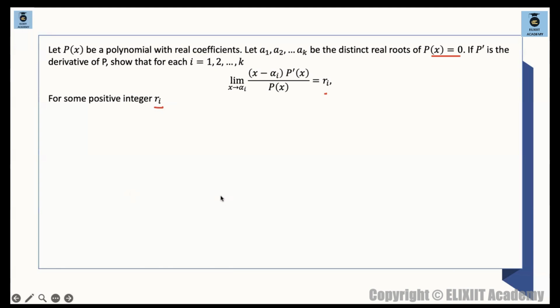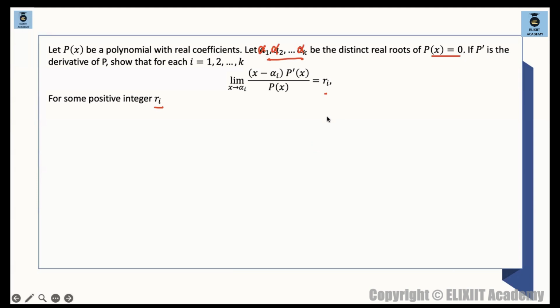Now, what are they trying to say basically? First of all, decode the lines one by one. P(x) is a polynomial with real coefficients. Alpha 1, alpha 2, alpha 3 and so on till alpha k are the distinct real roots of P(x) = 0.